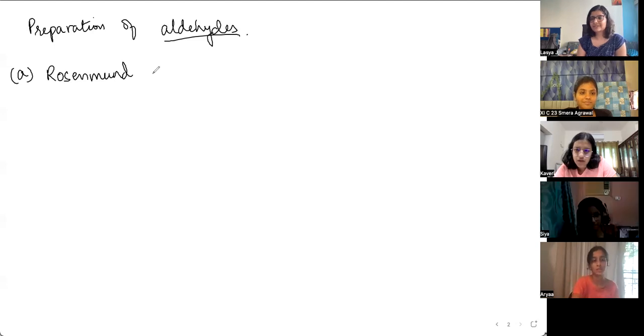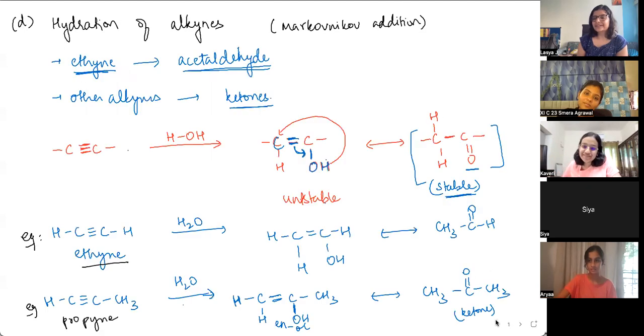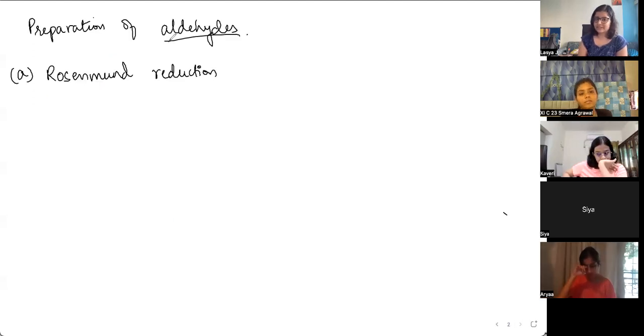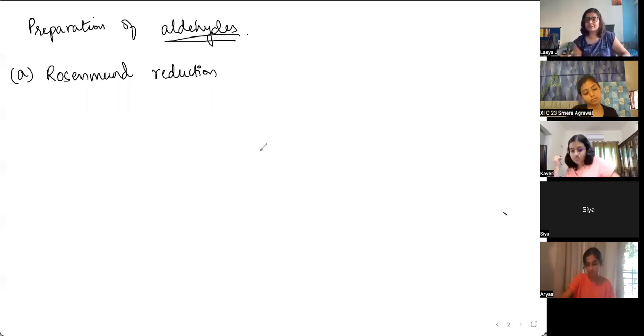Till now, you could get aldehydes or ketones depending on the reagent. Now these sets of reactions are going to give only aldehydes, not ketones. No matter what you change, you're going to get specifically aldehydes from that set of reagents.